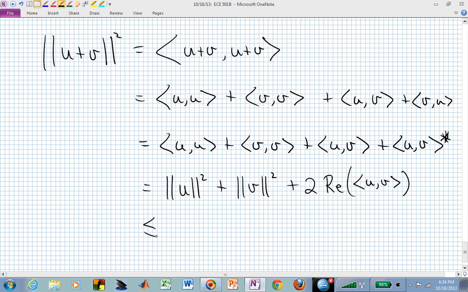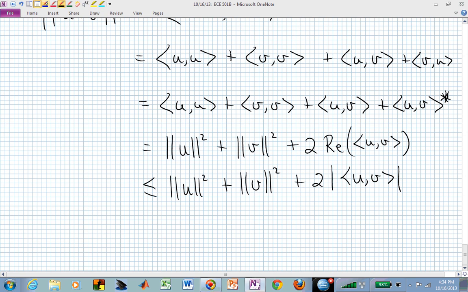I'm now going to say that what I have right above is less than what I'm going to put on the right-hand side, the norm of u squared, the norm of v squared plus 2 times the magnitude of the inner product of u and v. So what I'm saying there is that the real part of some complex number z is less than or equal to the absolute value of z.